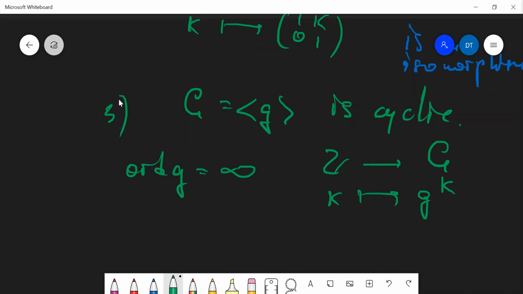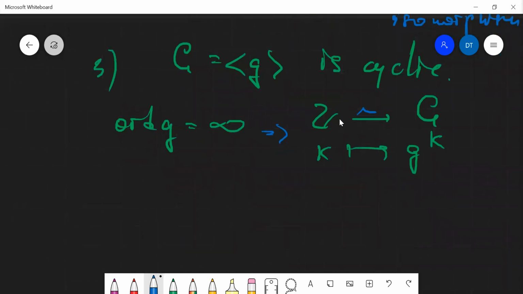I claim that this map is an isomorphism in this case. I do not want to prove this here, but actually it's obvious, because since the order of g is infinite, all powers are distinct, so this map is a bijection. But then we know the rule of how to multiply the powers. If you multiply g to the k and g to the m, it's exactly the same as to add two integers and then raise g to the power of the sum of these integers.